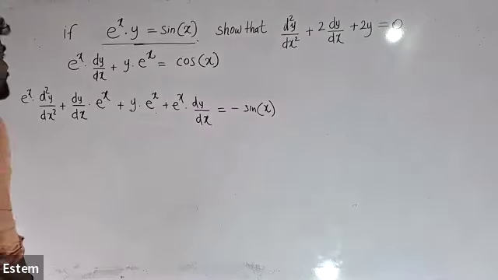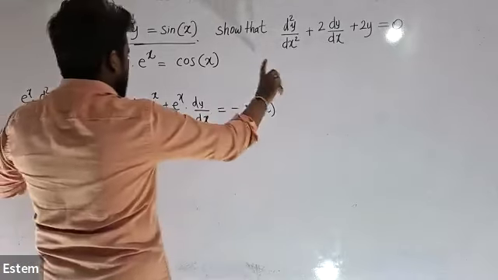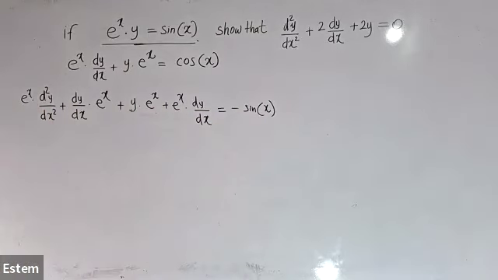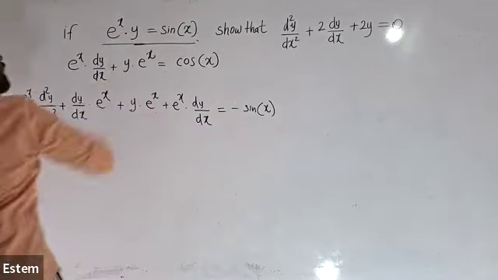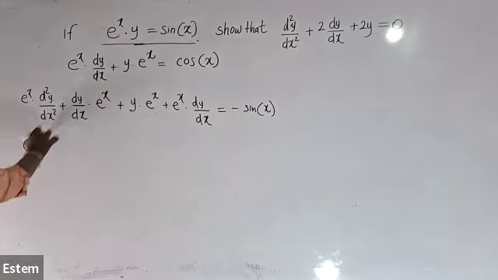Okay, then dy/dx. Now we want this, no? So e^x should be cut off. How do we cut off e^x? We can substitute e^x y for sin x. So we should write these things again.